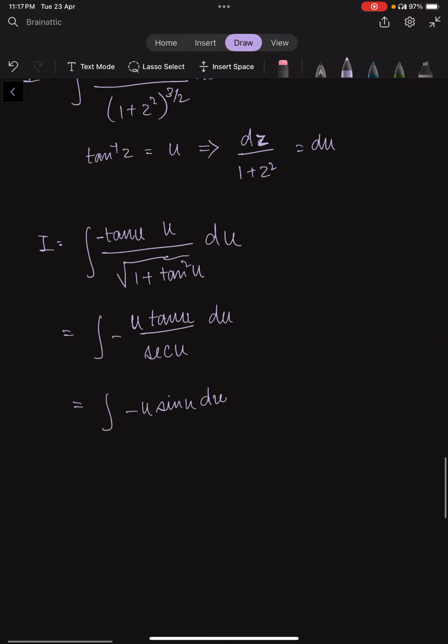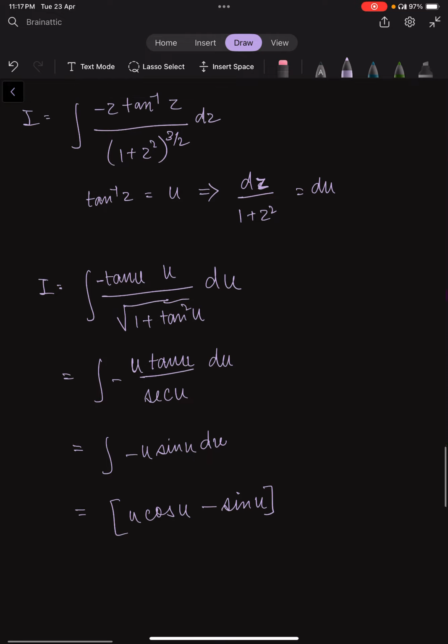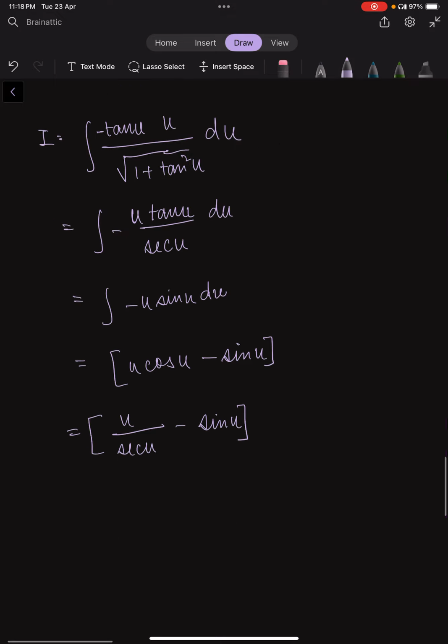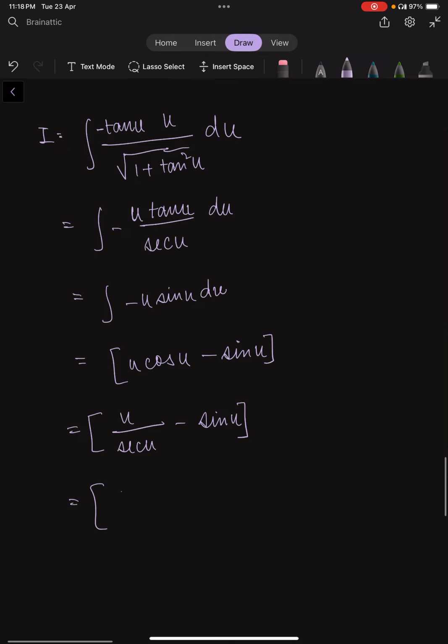So by applying integration by parts, we get that this is nothing but equal to u cos u minus sine u. Now, the trick to this problem actually lies in what I'm going to do next. I'm going to make this cos u as 1 by secant u, minus sine u, and then we're going to see.